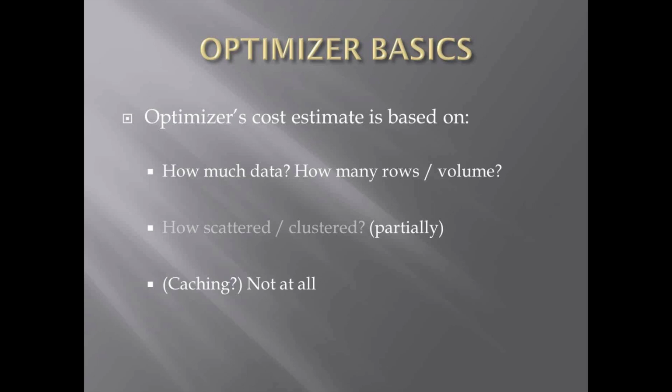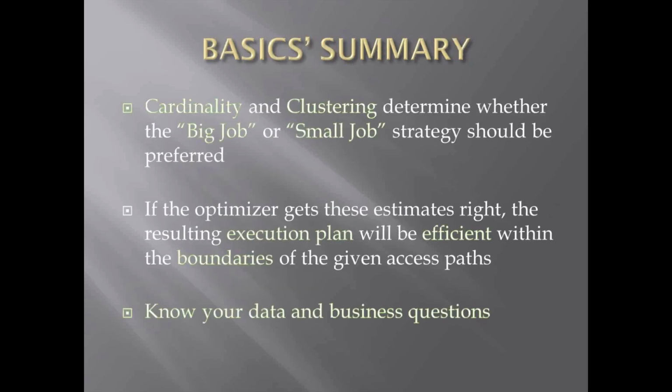So it only addresses this information partially that is crucial in order to arrive at an efficient execution plan. This means that you might know your data actually better than the optimizer. You might have a better knowledge if you know your data and the application and the questions that you ask about the data. So that is basically the essence of it.